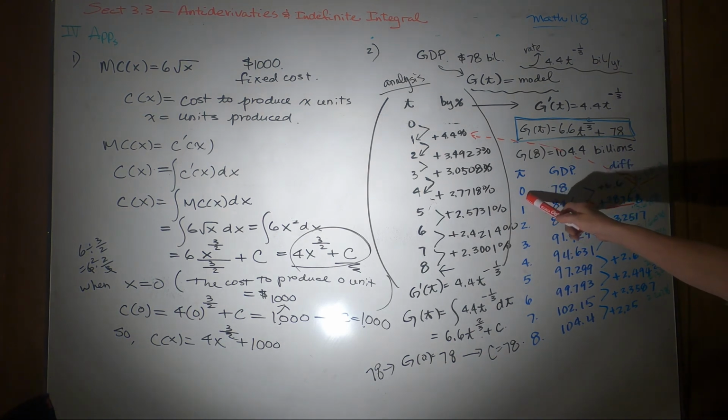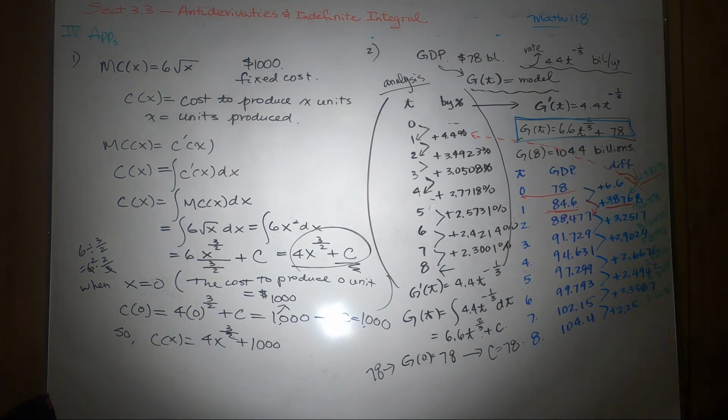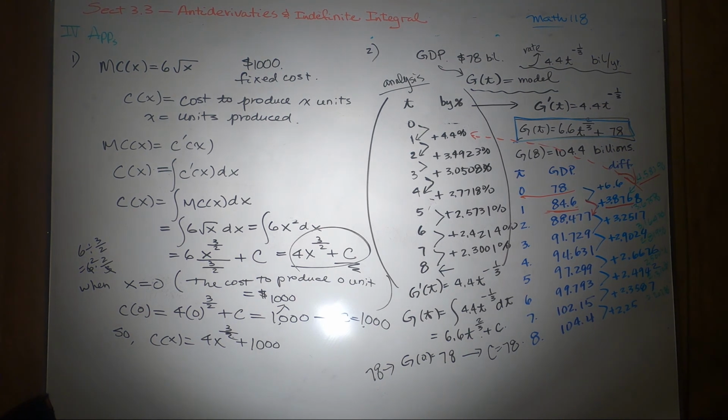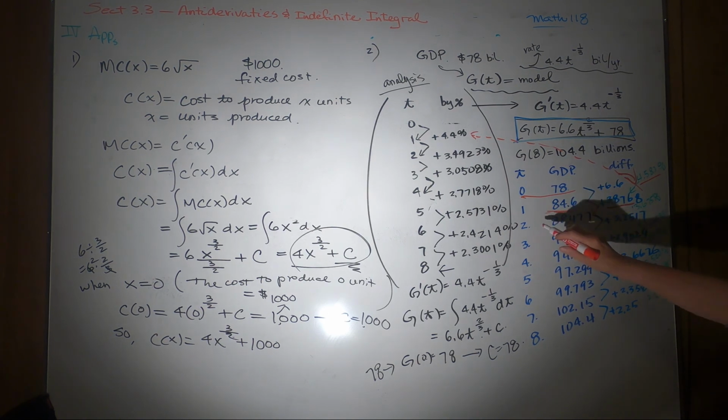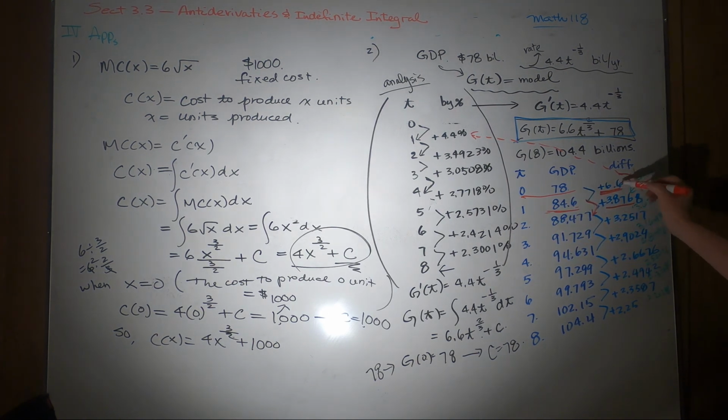After this year, they have 78 to start with. Then after the first year, what happened? They don't calculate those. We need to talk to your econ teacher, okay?